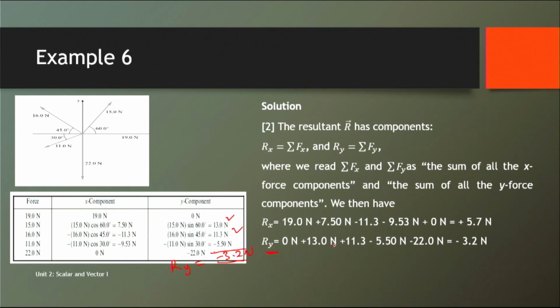Also, we can sum all this together to give us 5.7 newtons, our Rx. So Rx is the sum of all the vector components along the x-axis, and Ry is the sum of vector components along the y-axis. This represents the sum that we've done on the table.